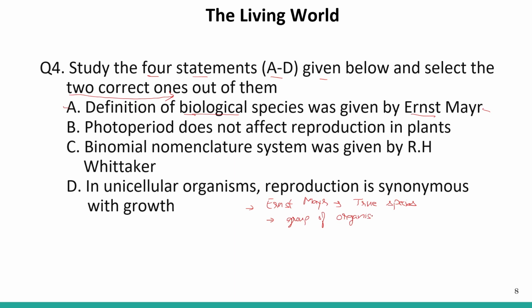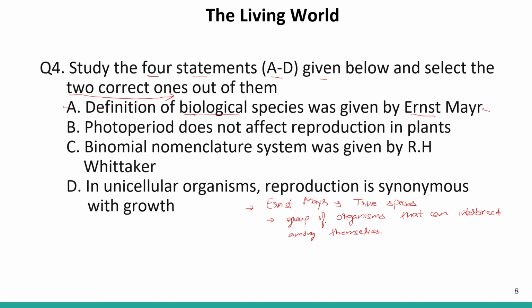He said that species are the group of organisms that can interbreed among themselves.